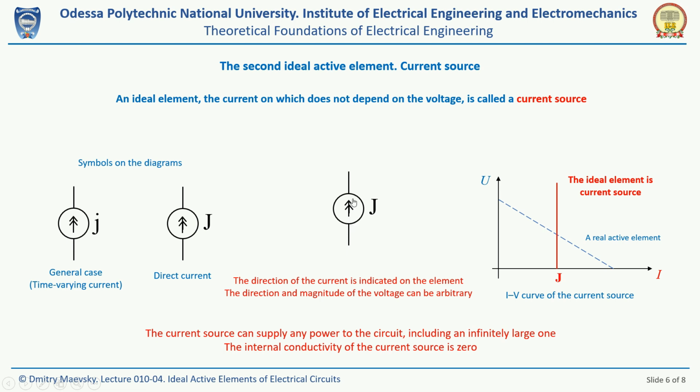Let's look again at the current-voltage characteristic of the current source. As you can see, the current of this source remains constant and doesn't depend on the parameters of the external electric circuit to which the source is connected. At any resistance of this circuit, the current is constant.